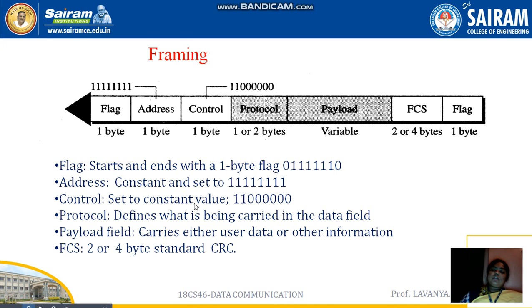The protocol field contains one or two bytes of information. During that time, our data may vary, and the data should be carried in the data field, so our data might change. Then the payload field carries either user data or other information, like the current data as well as extra information.